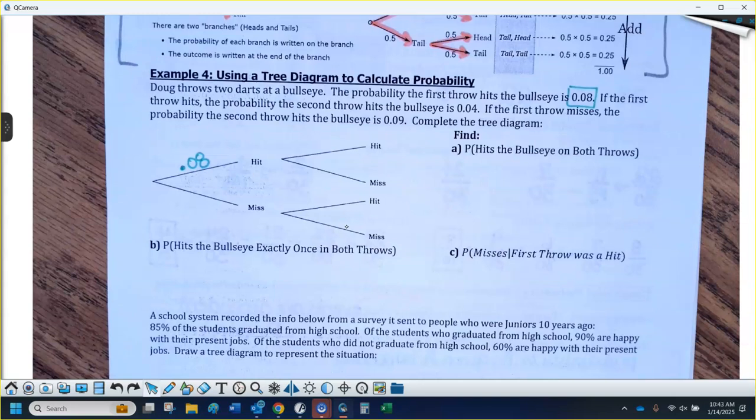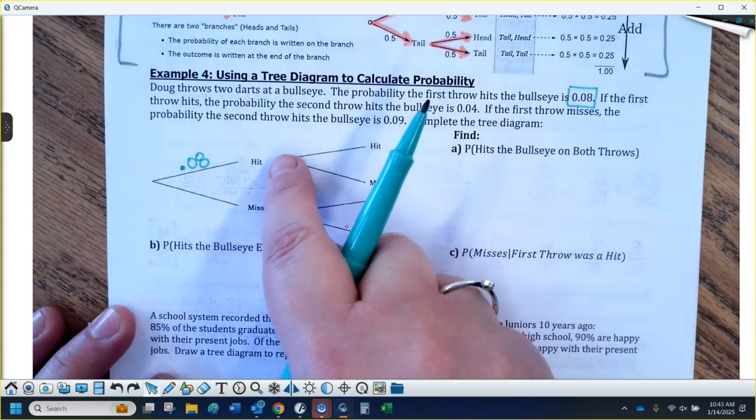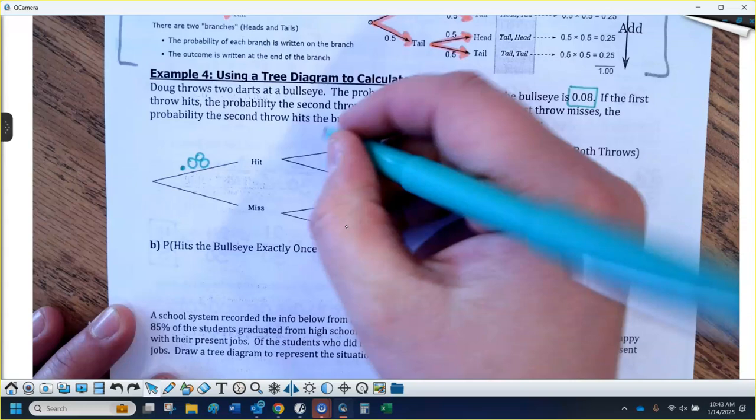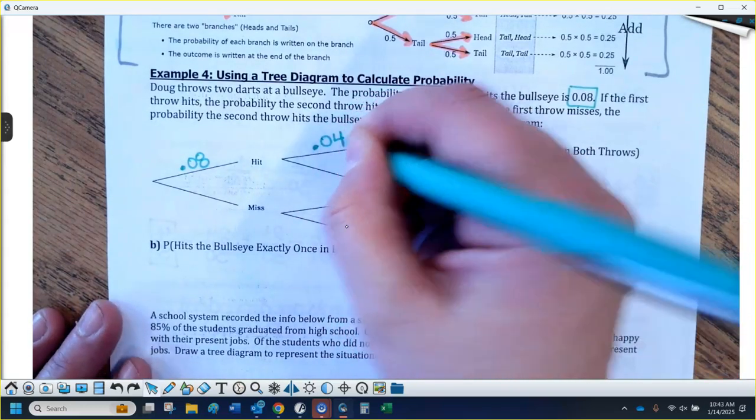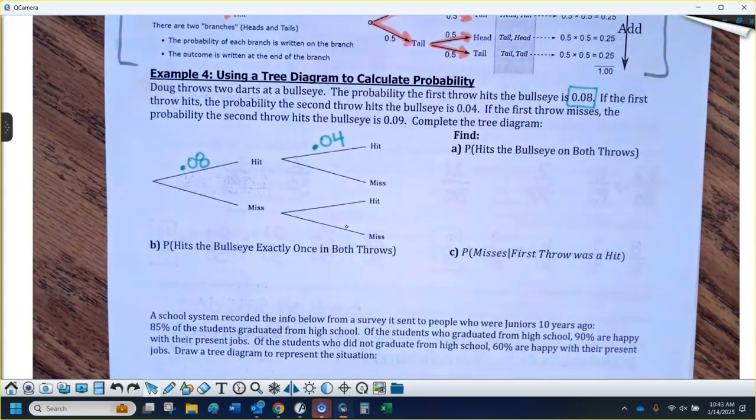Now, it goes on to say if the first throw hits, the probability the second throw hits the bullseye is 0.04. So this would be, I hit it on my second attempt. The probability I hit it again is 0.04.